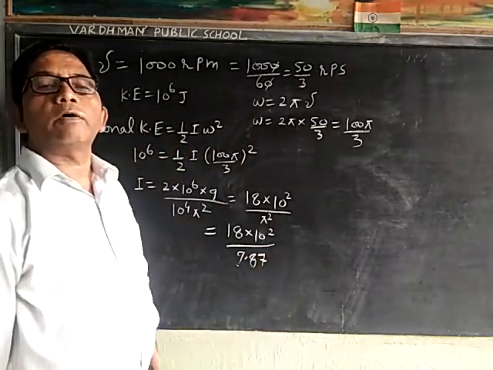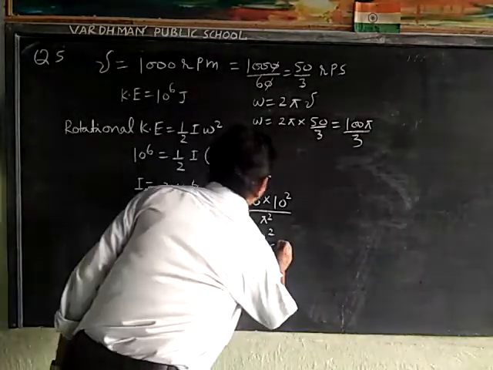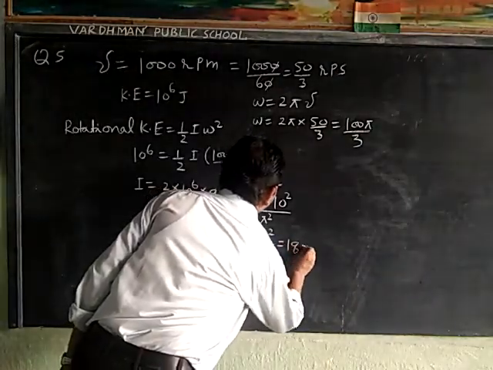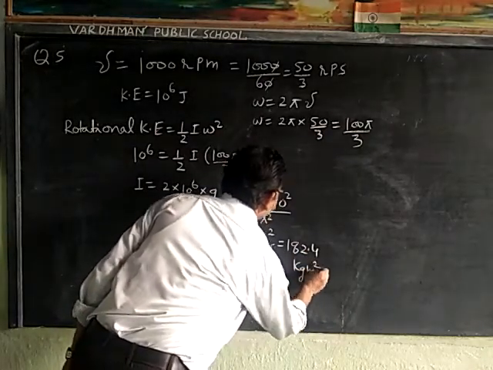Now when we solve this, we get 182.4 kg meter square.